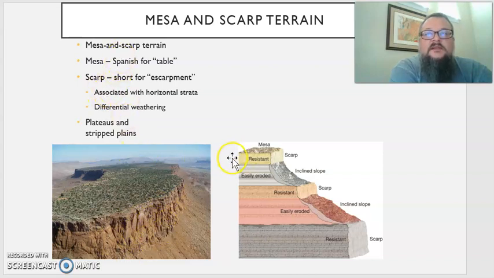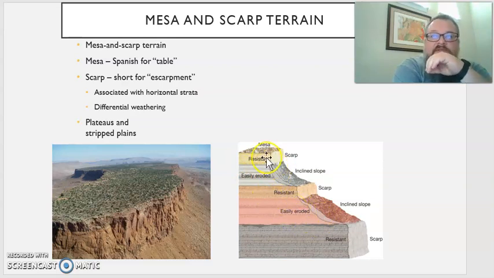When we look at a mesa or when we look at the Grand Canyon, we're seeing layers and layers of sedimentary rock on top of one another. Some of those are going to be harder rocks, stuff that is difficult to weather, and some of it is going to be more easily eroded, easily weathered away. And so what happens is the resistant rocks resist erosion, whereas the stuff underneath them erodes away and eventually undermines the resistant rocks.